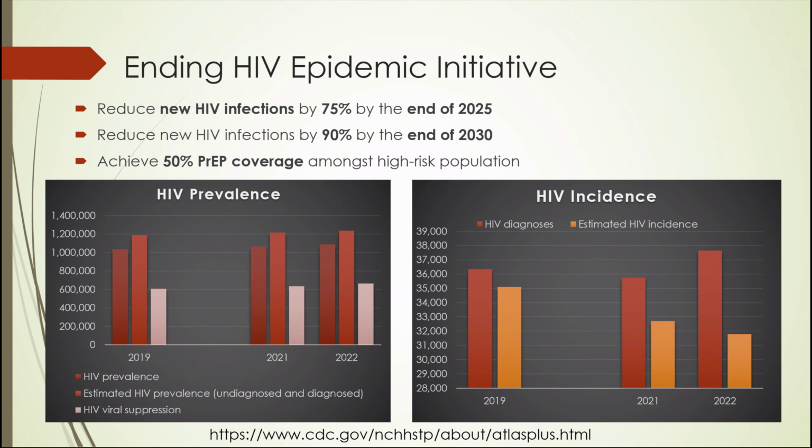And also the number of HIV diagnoses is increasing. In terms of HIV prevalence, we also see a pattern that the prevalence of HIV is increasing. I did not include the 2022 data because it was in the midst of the pandemic, and the whole dynamic of the HIV epidemic was influenced by the pandemic.